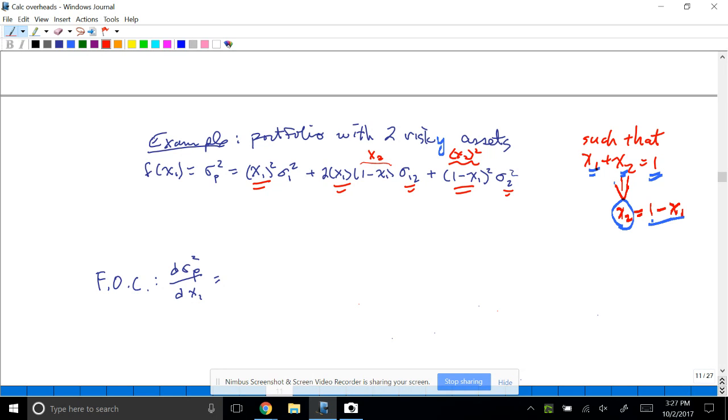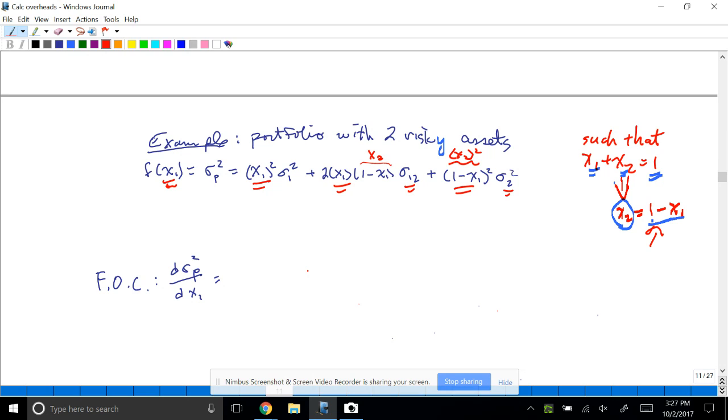So this is the expression for the variance of a portfolio of two assets. What we've done is express variance in terms of only one variable, x1. Once we solve for x1, we plug into this equation and we get our portfolio weight x2.